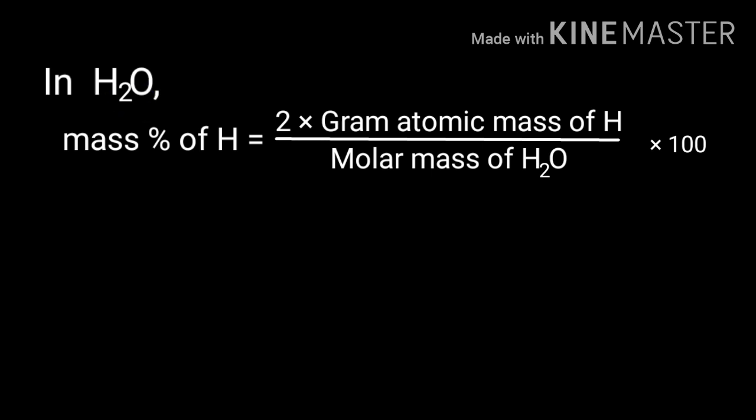Therefore, 1 mole of water contains 2 moles of hydrogen atoms. That is why the numerator is multiplied by 2.